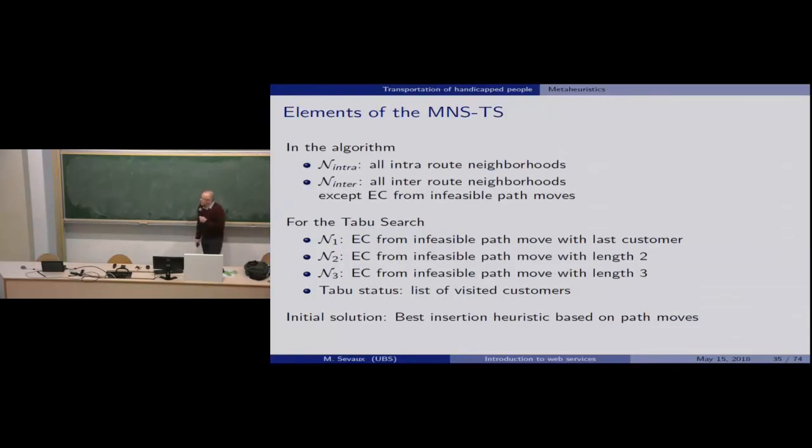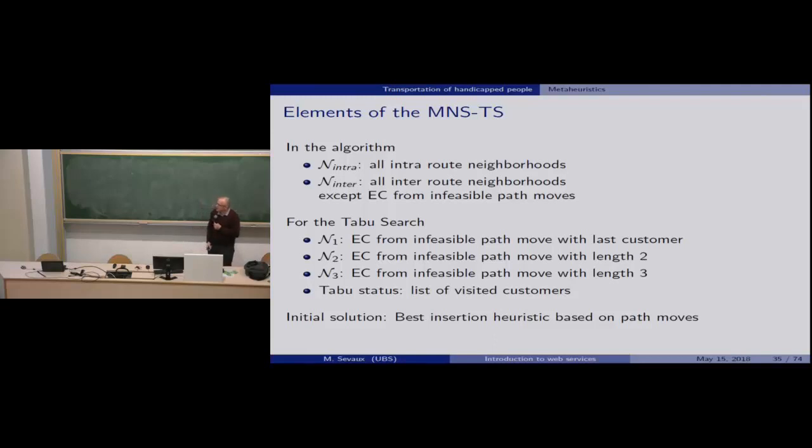So here are the elements of the multiple neighborhood search with taboo search. In the algorithm, multiple neighborhood search, we have the intra-route neighborhood, inter-route neighborhood, except the ejection chains. And for the taboo search, then we use 3 neighborhoods, so ejection chain from infeasible path moves with last customer, ejection chain from infeasible path moves with length 2 or length 3.